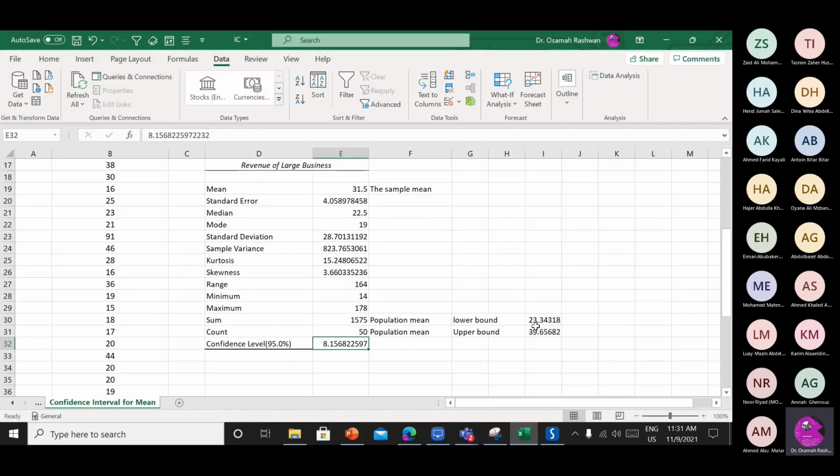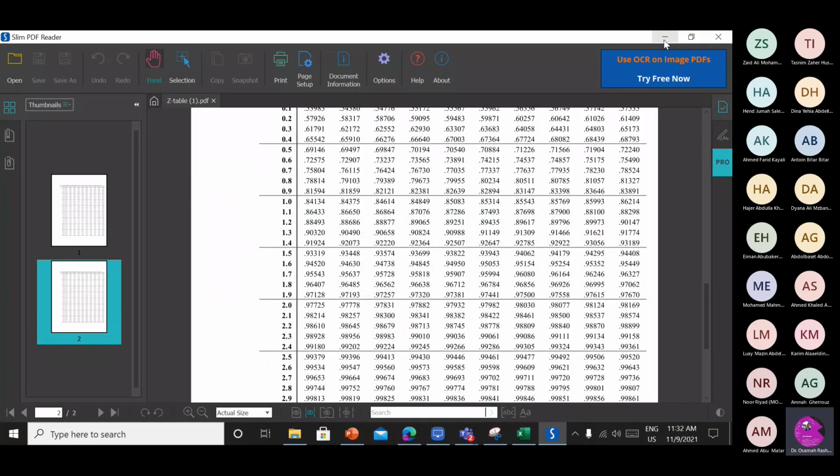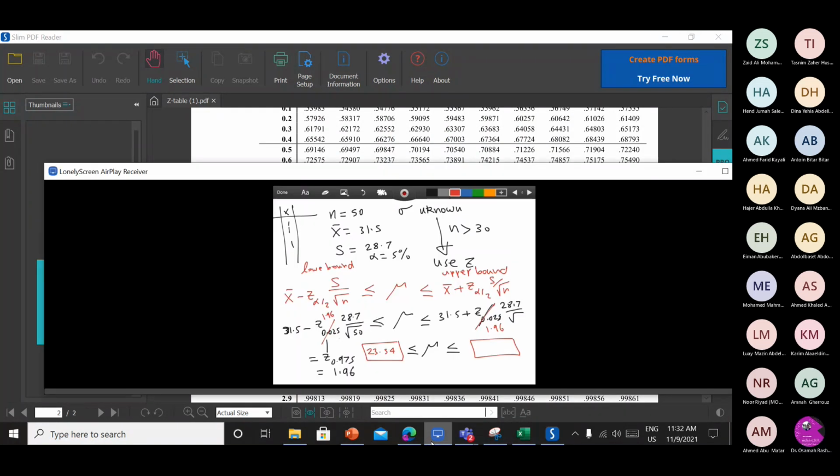Supposed to be very close to this one. It's 23.54. And the other one? Excel is more accurate than by hand, of course, because you just approximate some values. So what is the right value? 39.45.